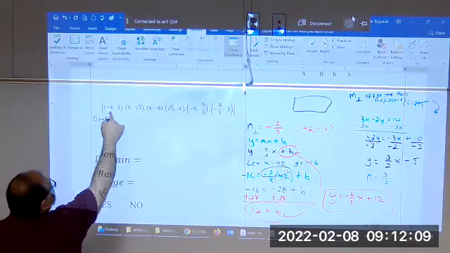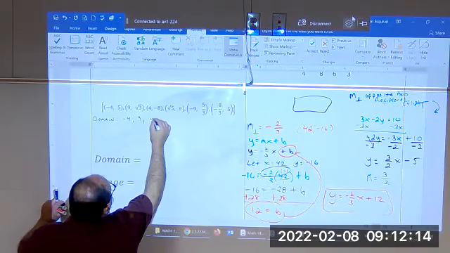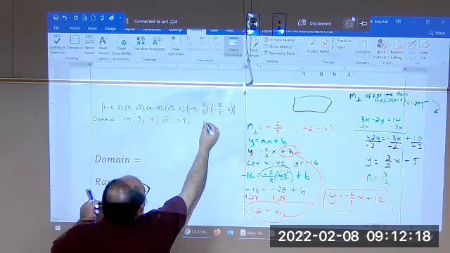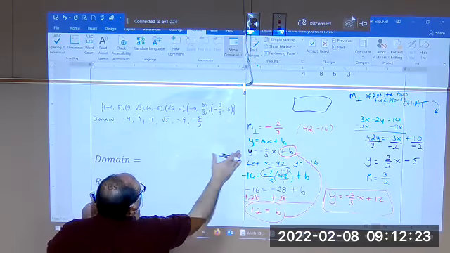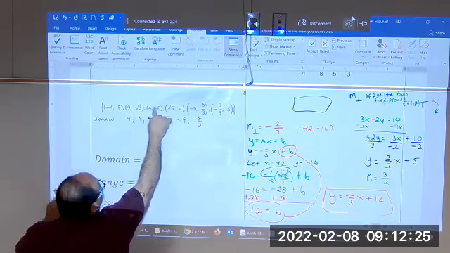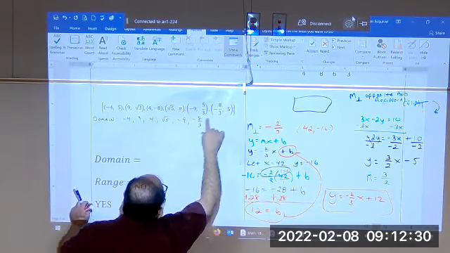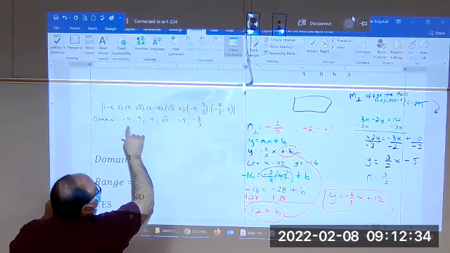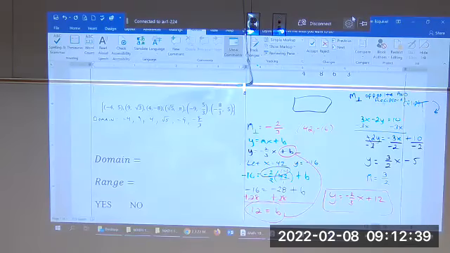My domain consists of a negative 4, then a 9, and then a positive 4, and a square root of 5, and a negative 9, and a negative 8 over 3. 1, 2, 3, 4, 5, 6 ordered pairs. So I should have 6 x values, 6 domain elements. 1, 2, 3, 4, 5, 6. Okay, got it. Because if you only wrote down 5, you missed something.